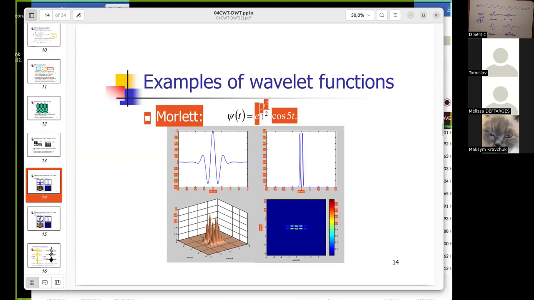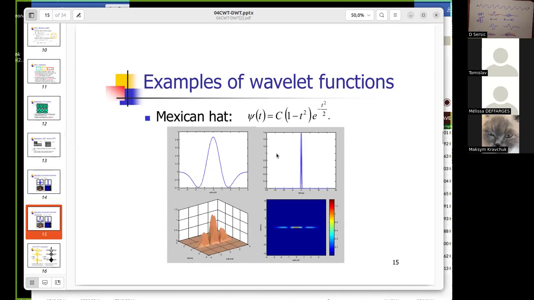You have a Gaussian multiplied by cosine functions. It's a real Morlet wavelet, and this one would be the complex Morlet wavelet. They can be used easily for analysis of music, and this is one thing that you will do by yourself in MATLAB.